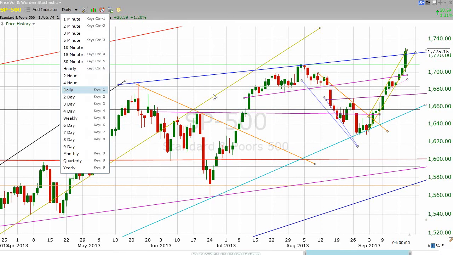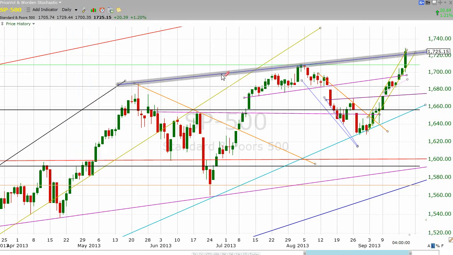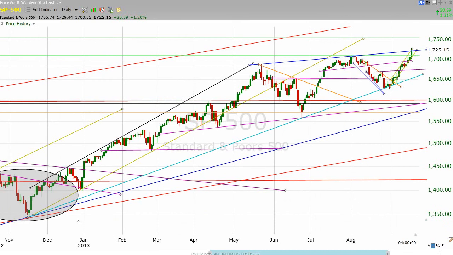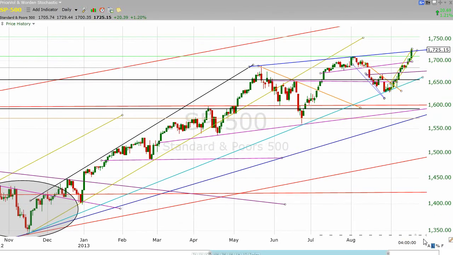Now, I'm going to talk a little bit more about this line, and just bear with me if you will. This line is slanting upwards, but it's not slanting up by a huge margin. I've got to adjust something on the chart. Hold on just a second.